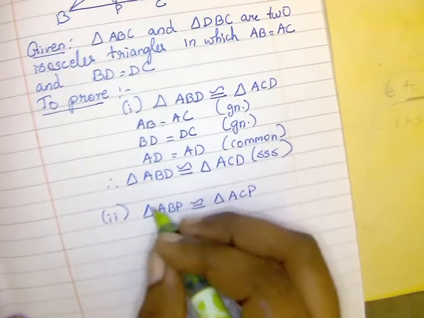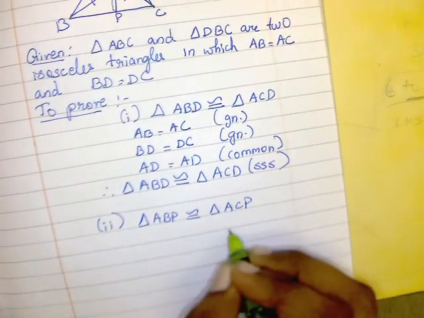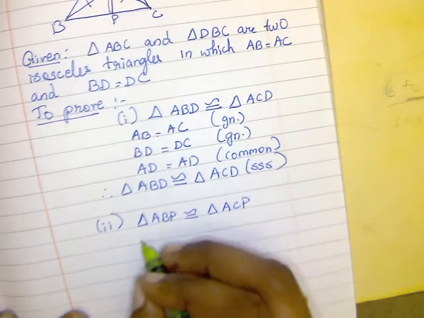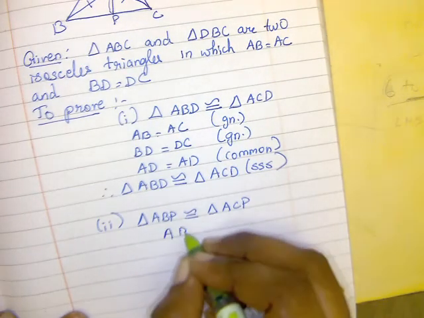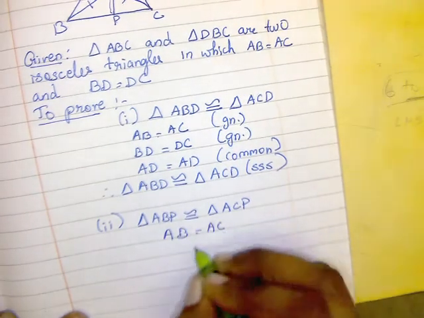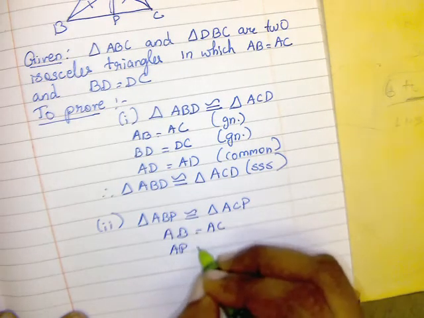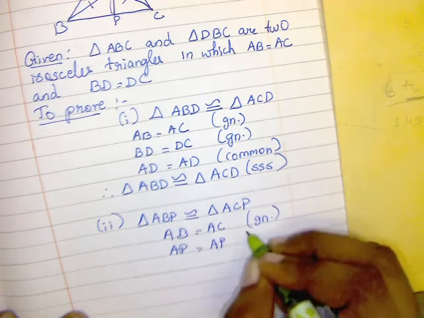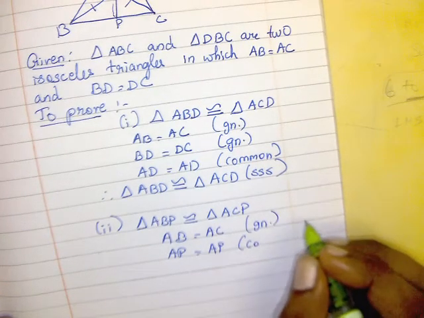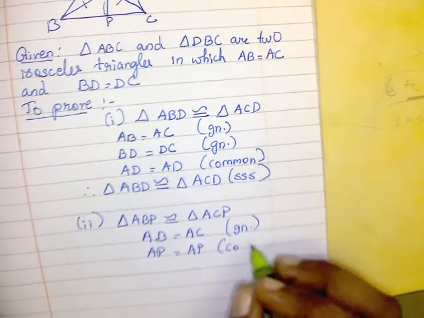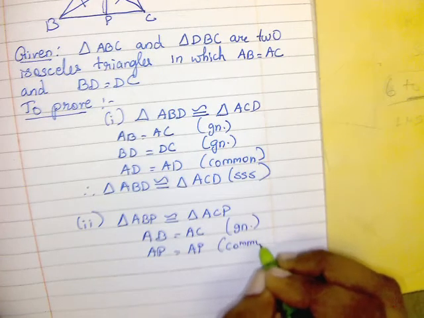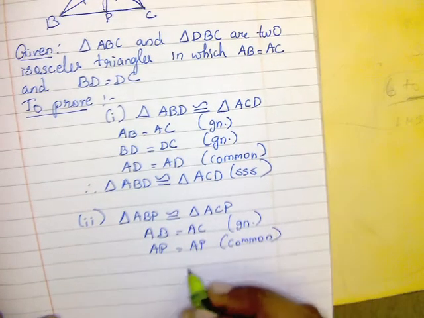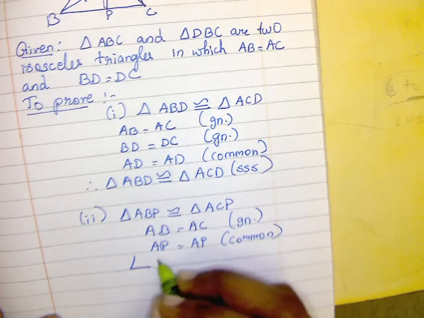Okay, right? I am writing now, you see here. Triangle ABP first. AB is equal to AC. Now AP is equal to AP. This one is given and this one is common. Next, what is that? Angle. What angle?